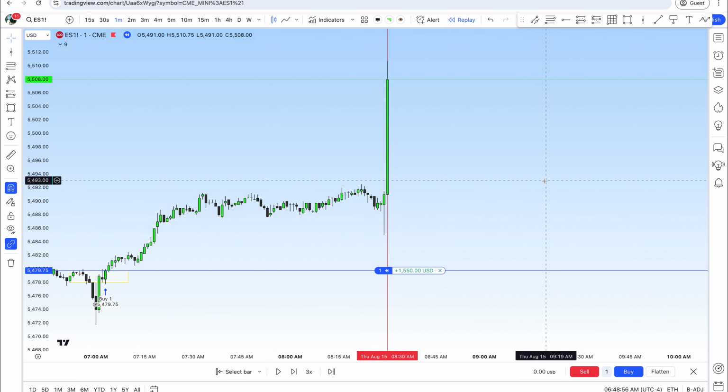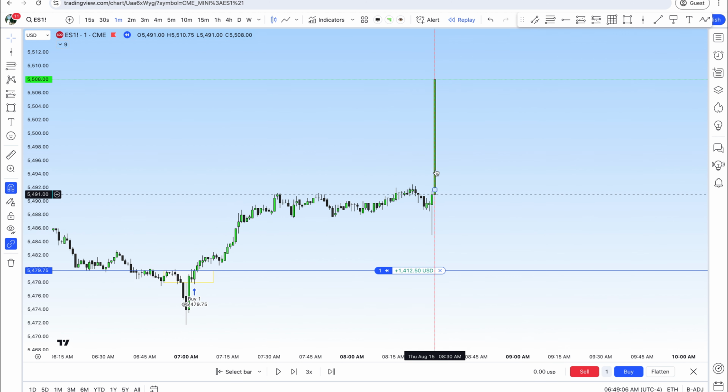Boom. See that? At 8:30, market shot up. Now everyone is thinking that it's because of what came out on the report itself. When these news events happen, I don't care what the actual results of it are. I'm just looking to see that news in general is happening at a specific time.